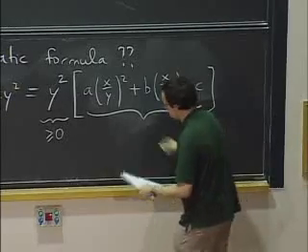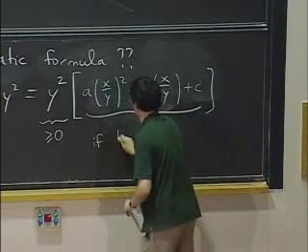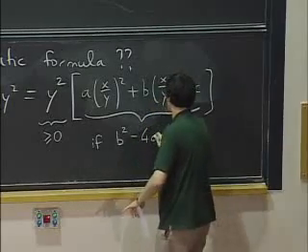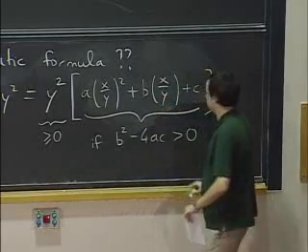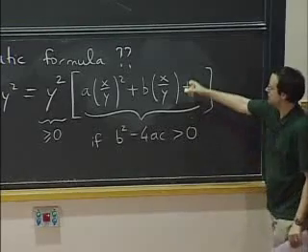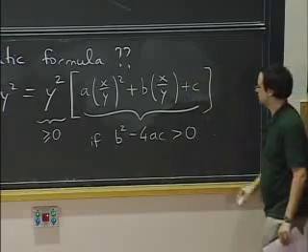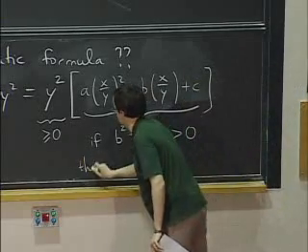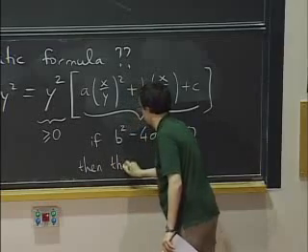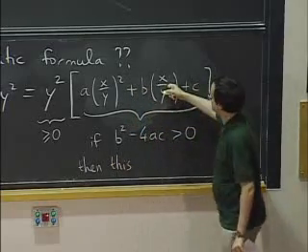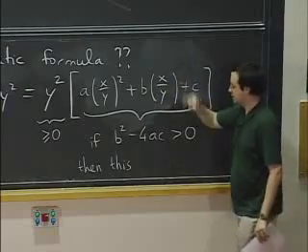But I claim there's two situations. One is, so let's try to reformulate things. So if the discriminant here is positive, then it means that this has roots, right? This has solutions. And that means that this quantity can be both positive and negative.